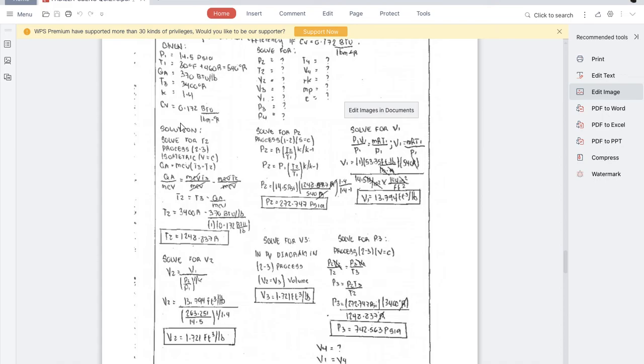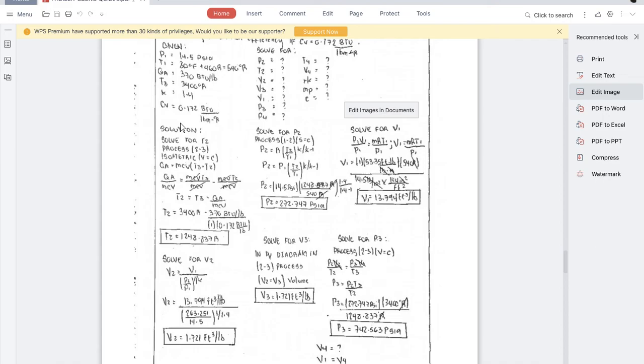So P1, 14.5 psi, multiplied by 1248.837 over 540 R raised to 1.4 over 1.4 minus 1.